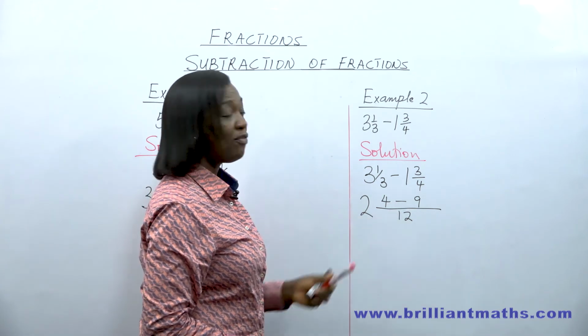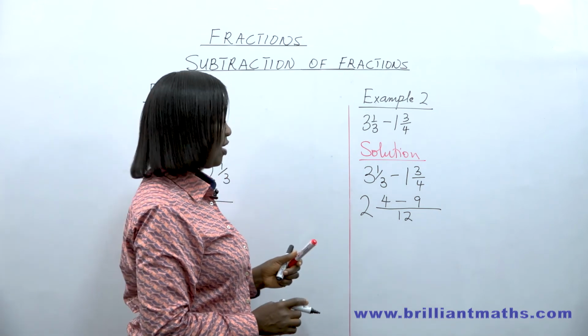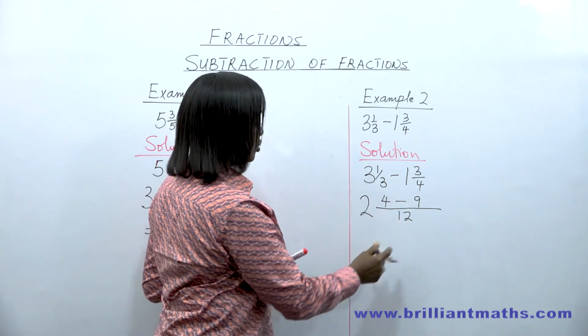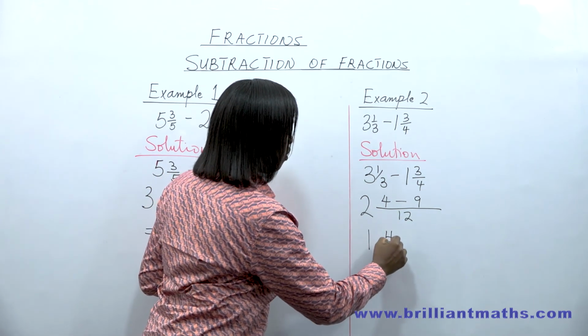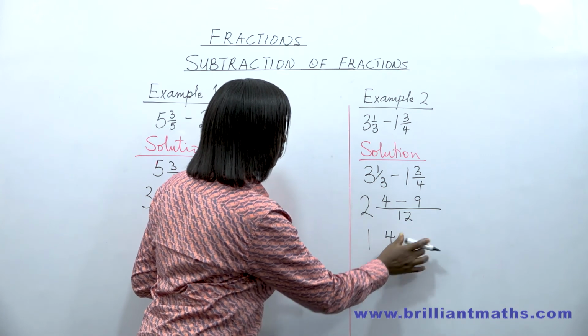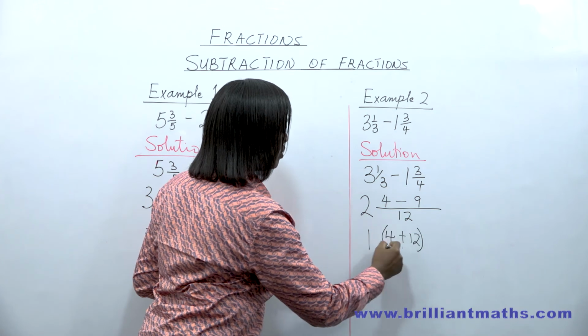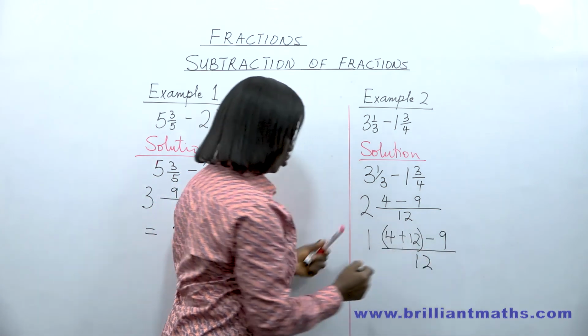Since 9 is bigger than 4, we'll borrow 1 from the 2, from the whole number. And the value of that 1 is 12 out of 12. So what we have now is 1, 4 plus 12, take away 9, all over 12.